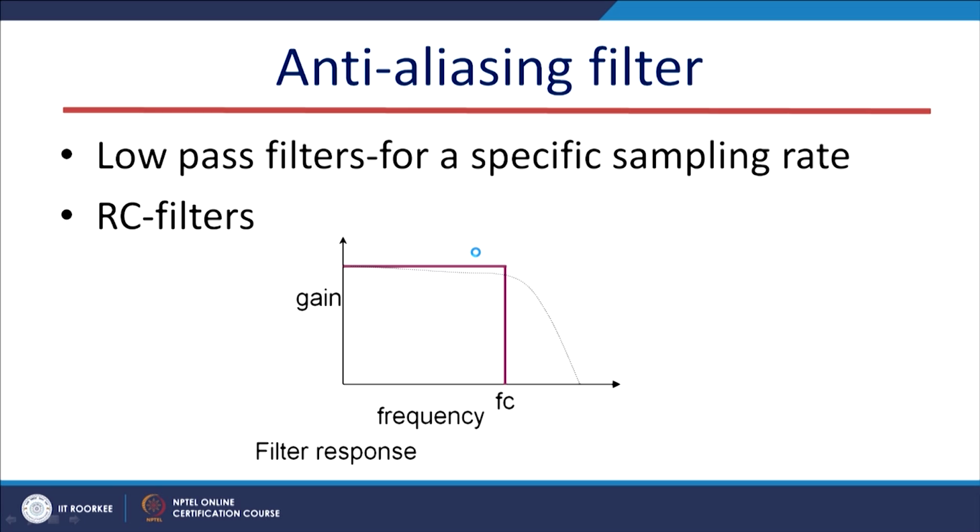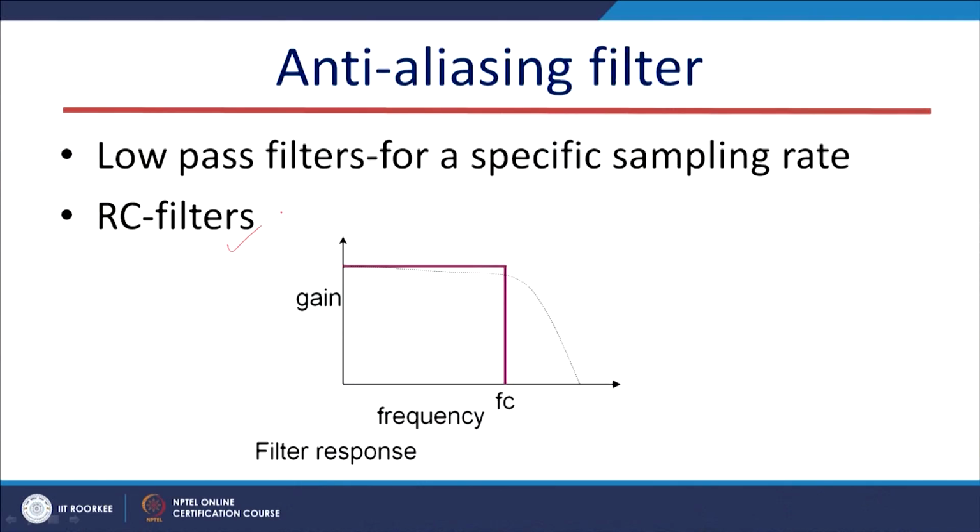Now, we also use low pass filters, where we remove the higher frequencies and pass the low frequencies and also our fundamental frequency for our application purpose. Basically, in this case we use RC filters, and sometimes other low pass filters are also used.